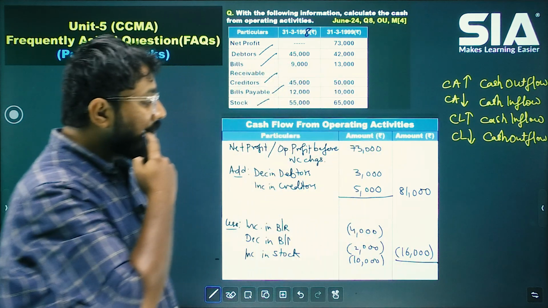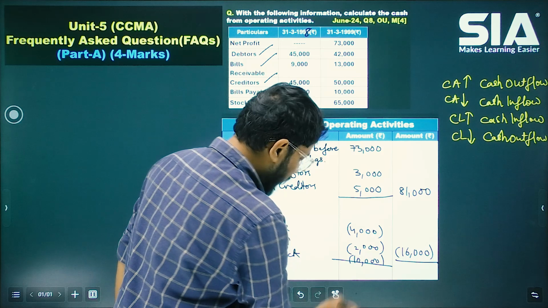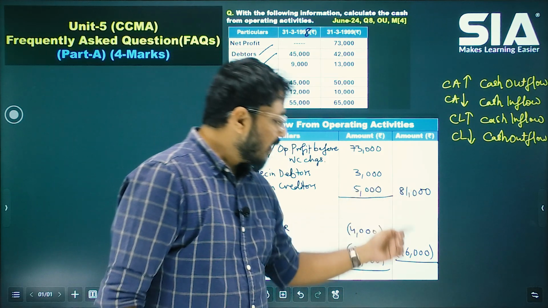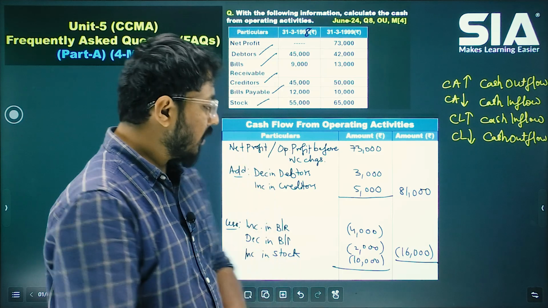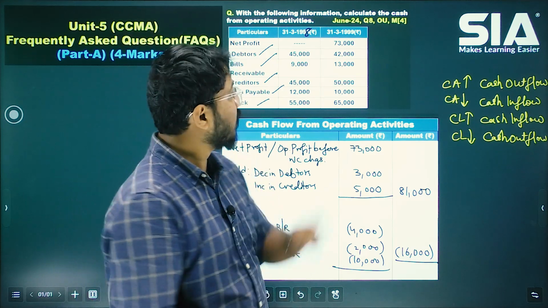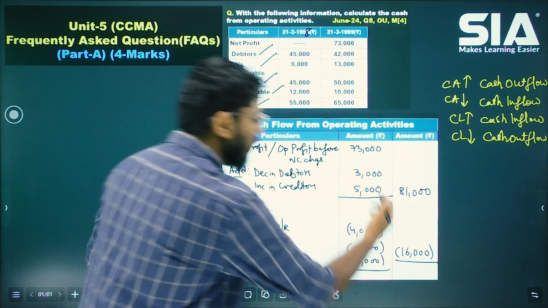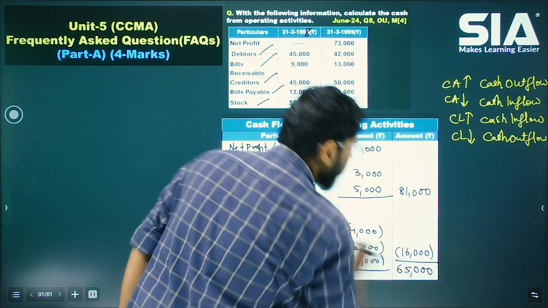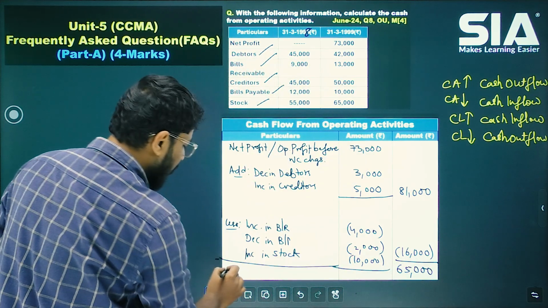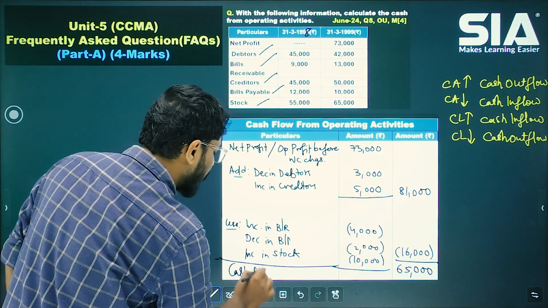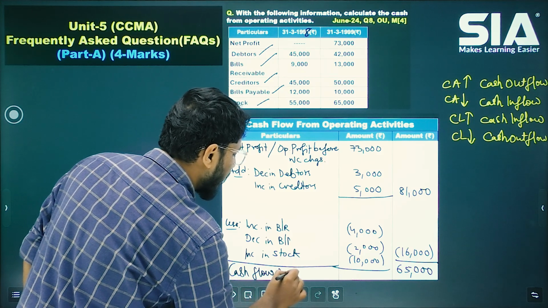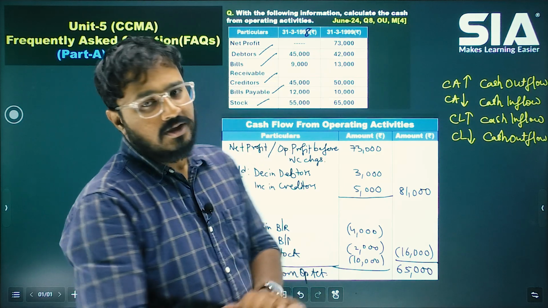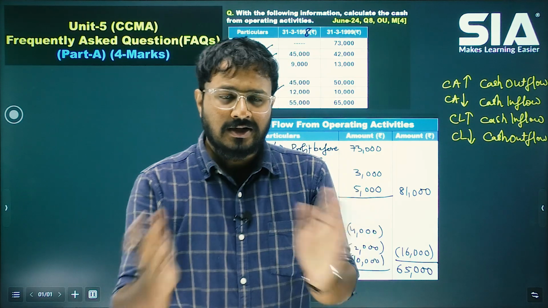So the total is 16,000. Now subtract this 16,000 from 81,000 and you'll get the final answer, which is our cash flow from operating activities. 81 minus 16 gives 65,000. That is the cash flow from operating activities, and that is the end of the problem.